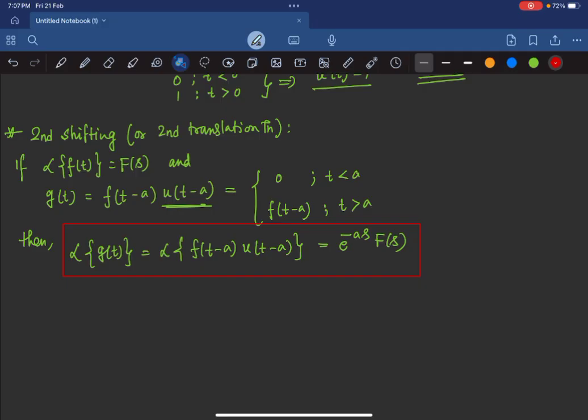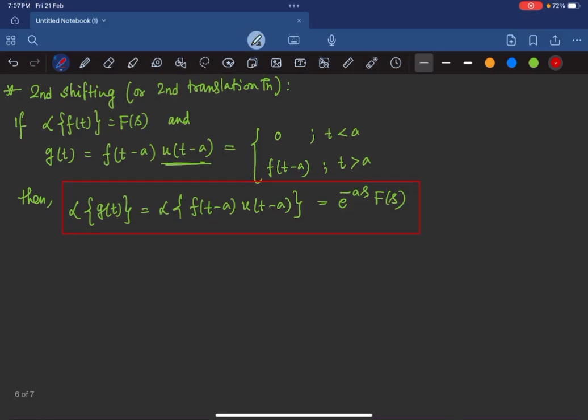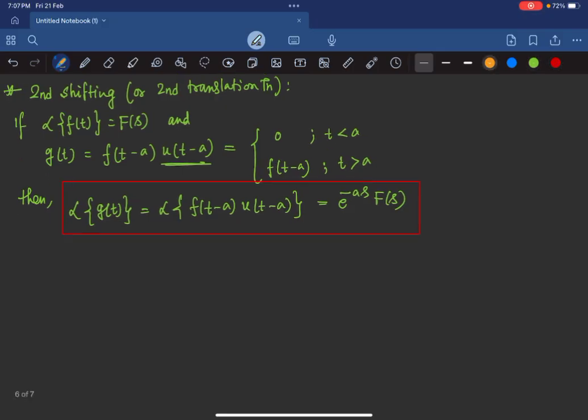All right, now this formula, if you want the proof, you can always do it. Now, a generalized version of this formula is there, so note down this generalized version as well.